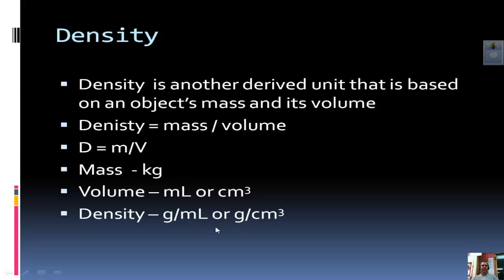And the reason I can put both of these down is that if you remember that previous slide where I said 1,000 milliliters and 1,000 centimeters cubed, milliliters and centimeters cubed are exactly the same thing. So grams per milliliter or grams per centimeter cubed. Again, I want to remind you, mass is measured in grams, not kilograms.